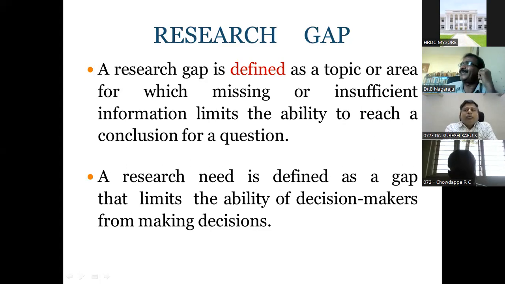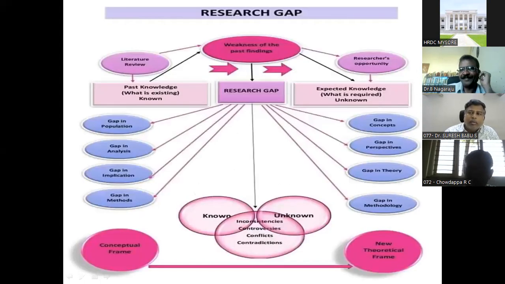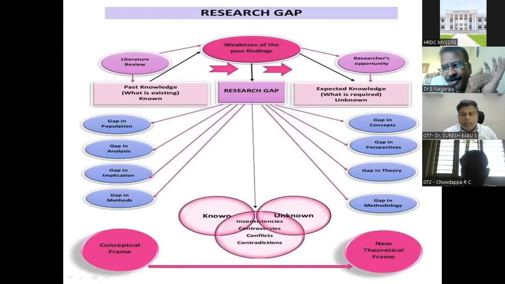To some extent, the scope of further research or limitations, whatever we discussed, you can say in terms of research gap. A research need is defined as a gap that limits the ability of decision makers from making decisions. So research gap has different types, and not with only one word to say.